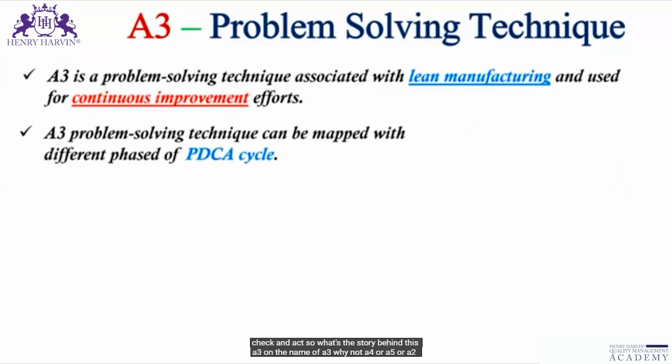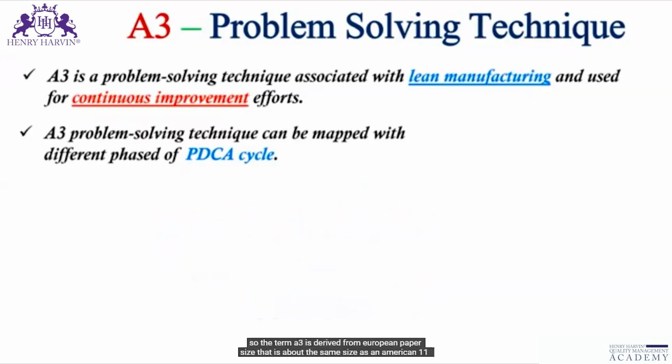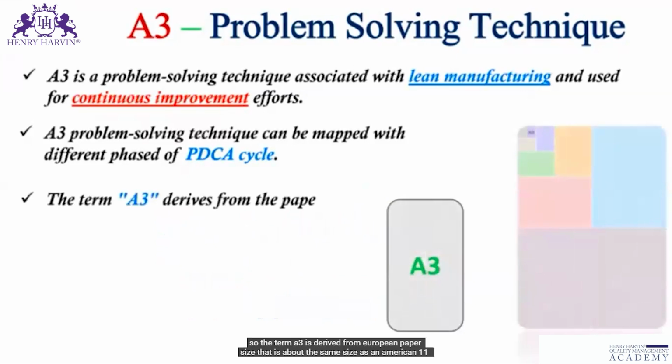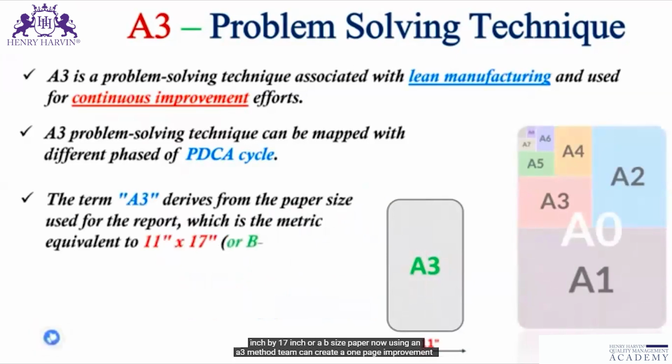So what's the story behind this A3? In the name of A3, why not A4 or A5 or A2? The term A3 is derived from European paper size that is about the same size as an American 11-inch by 17-inch or a B size paper.